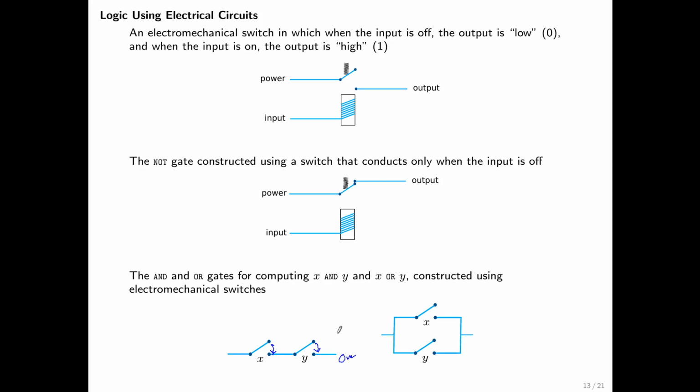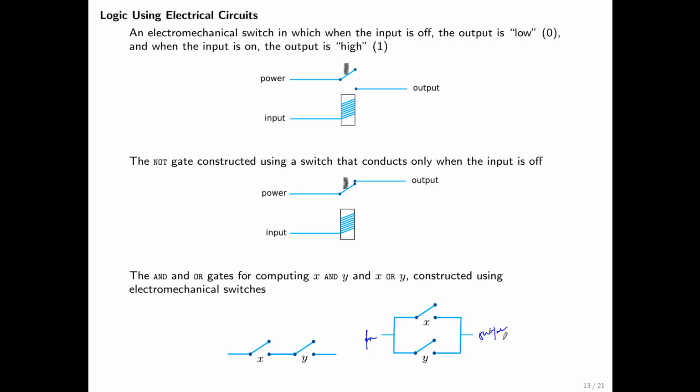and that is precisely the truth table for the AND function. What about the OR function? Well, we apply some power here, and these are the inputs, and here is the output. And as you can see, as long as one of the switches is closed, meaning one of the inputs is high, you're going to receive what is applied here at the output terminal.